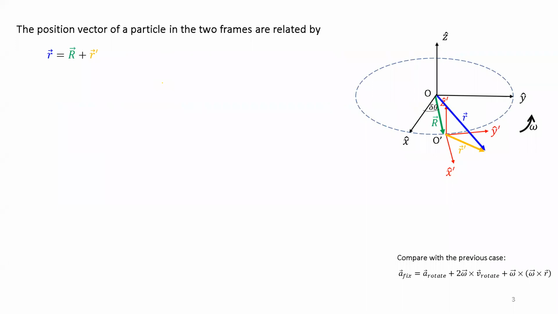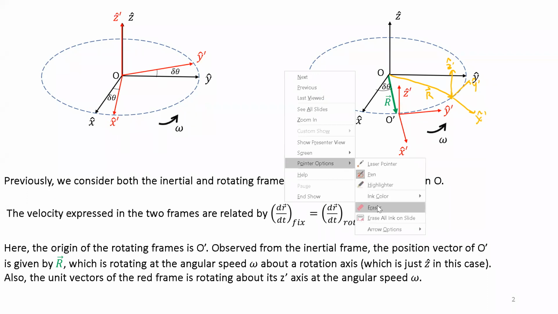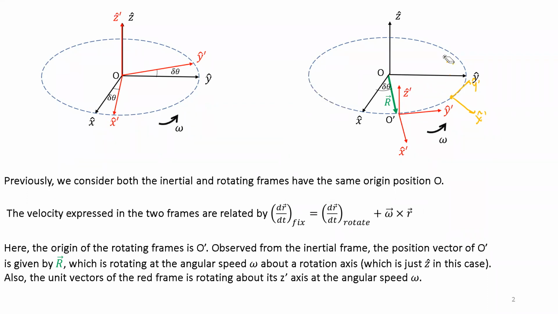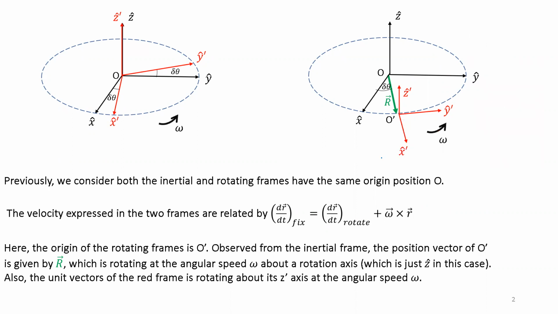Now again I'm going to talk about a particle moving in space, and I want to describe it using the rotating coordinate system. Suppose I have a particle somewhere here.